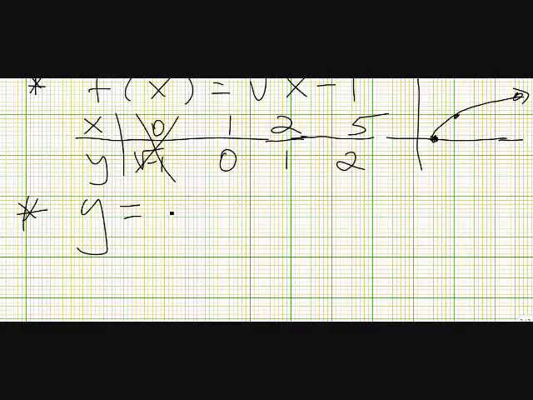Let's do y equals, I won't put an a in here, the square root of x plus 3 minus 4. This one should make a vertical shift down.